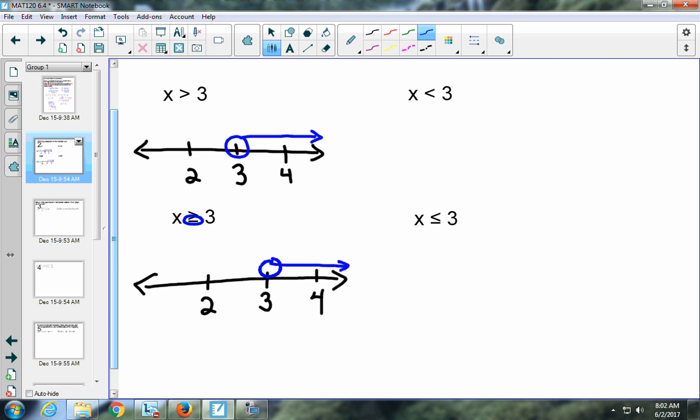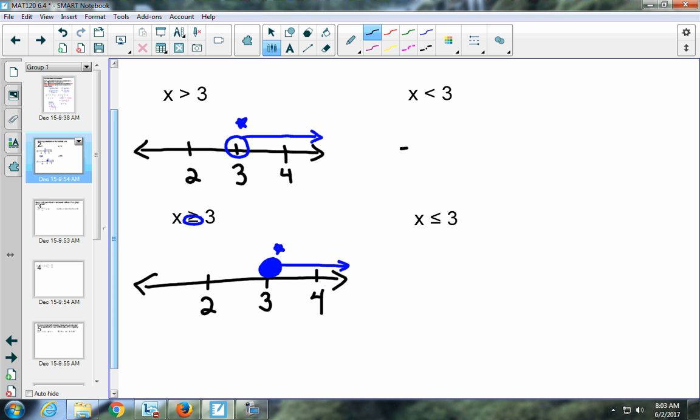So we still put a circle on 3 on the number line, but this time we make it a closed circle. We shade it in. So that open circle up here means that it can be really, really close to 3, but not actually equal 3. Down here, where we have our closed circle, we're saying that x can actually equal 3.